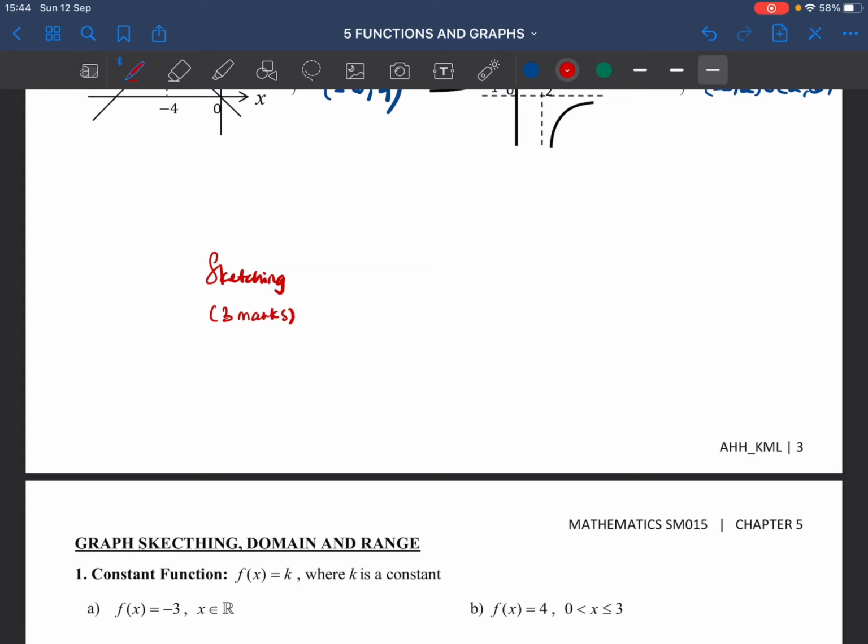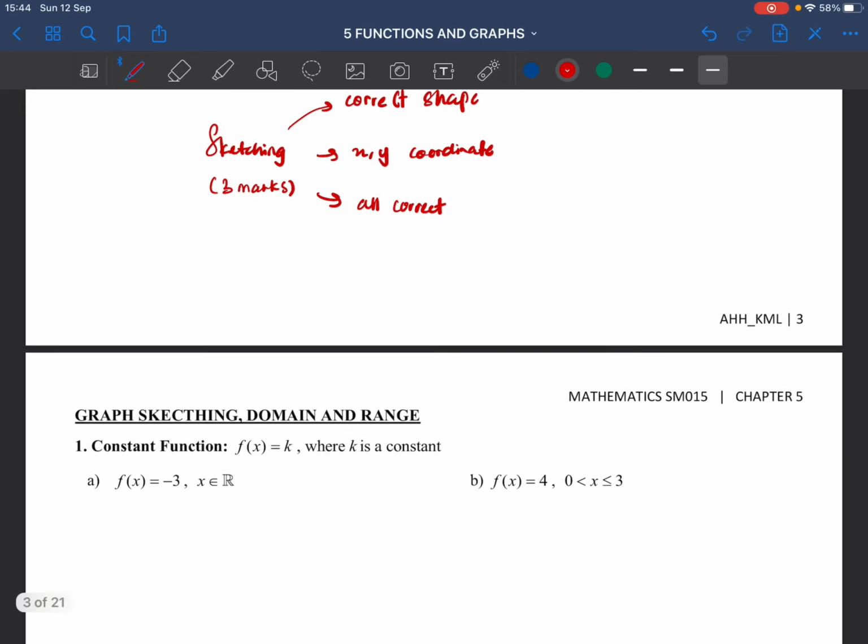Okay, so apakah 3 marks dekat situ, which is the first one is correct shape, and the second one is your x and y coordinate. Okay, x y coordinate ataupun intercept dekat situ, and the last one is all correct with x and y axis. Okay, when you draw your graph, mesti kena tulis x axis dengan y axis.